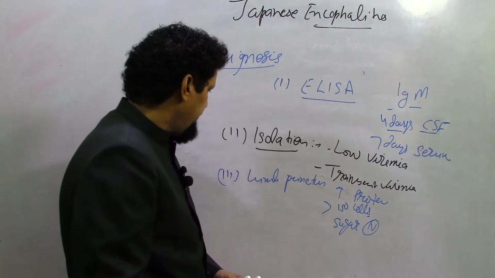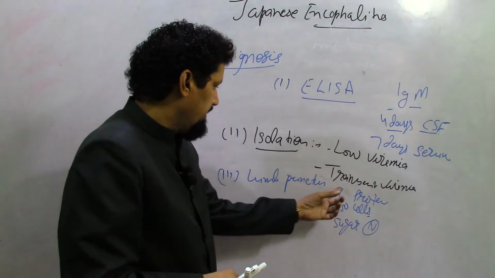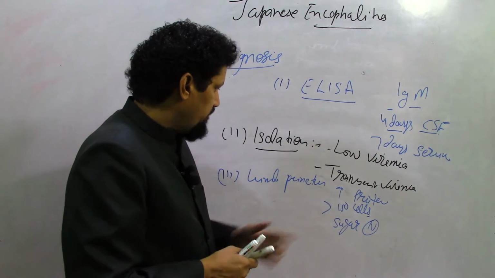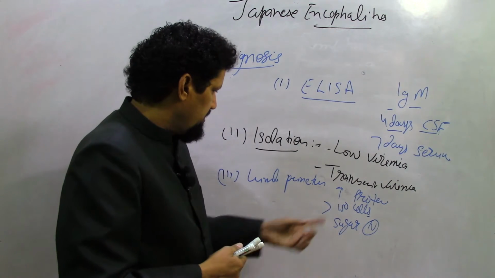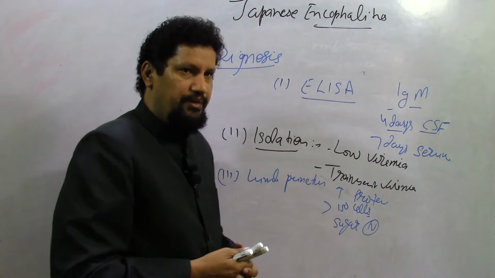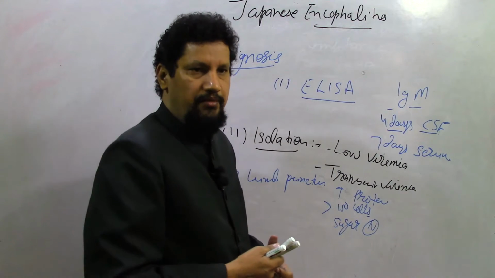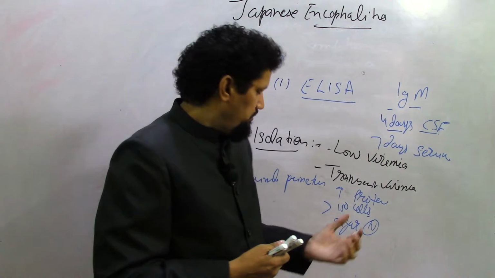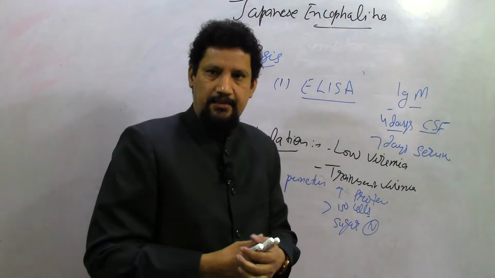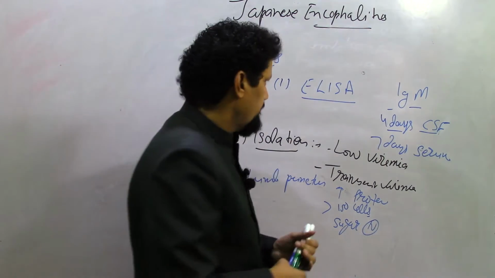So in CSF finding of the Japanese encephalitis, increased protein more than 900 milligrams, cells number more than 150, or it may range from 50 to 150 also. Sugar level in the CSF is normal.